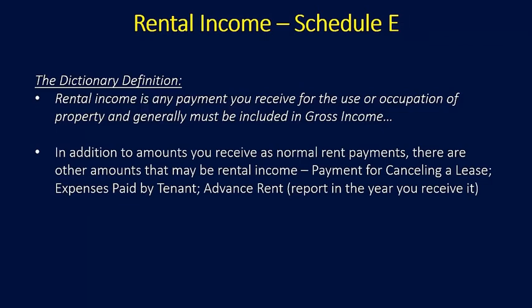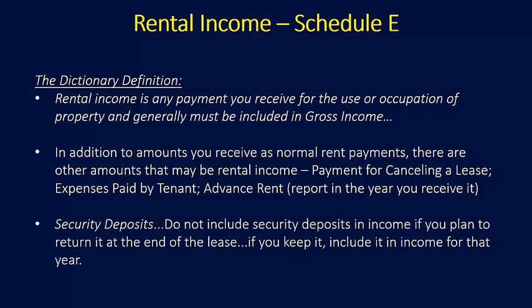In addition to amounts you receive as normal rent payments, there are other amounts that may be considered rental income: payment for canceling a lease, expenses paid by a tenant, advance rent, and you report this advance rent in the year that you receive it. Security deposits. You do not include security deposits in income if you plan to return it at the end of the lease. If you keep it, then of course you would include it in income for that year.